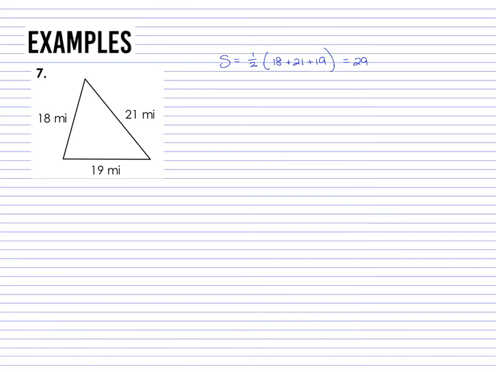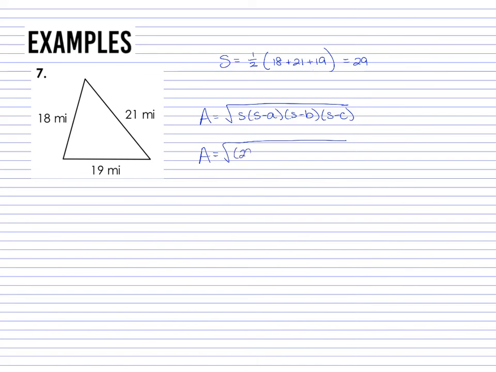Now I'm going to use that in Heron's formula. So Heron's formula says that the area is the square root of S times S minus A times S minus B times S minus C. So area equals. Now in this case, it doesn't matter which side is which. You can label them if you want, or you can just say we're going to subtract each of the sides from S, either way.